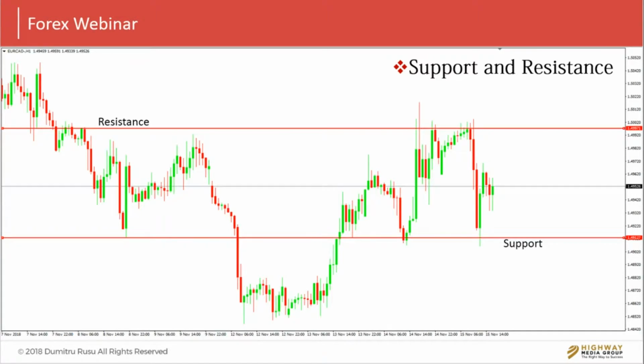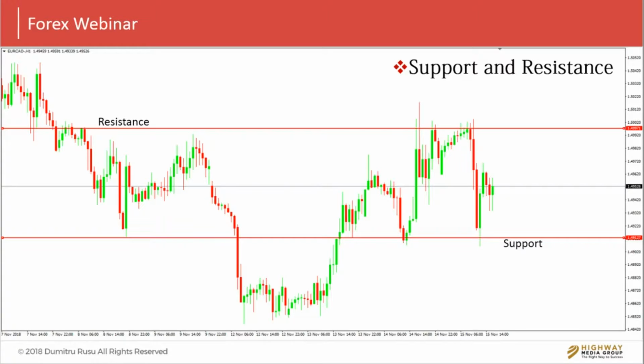We're going to start off with support, which is the price level where a downtrend can be expected to pause. It is because of an increasing concentration of demand.